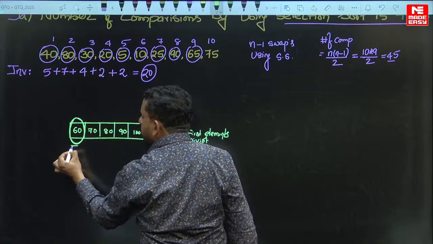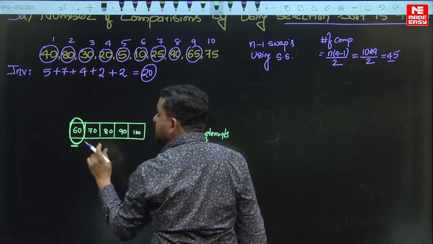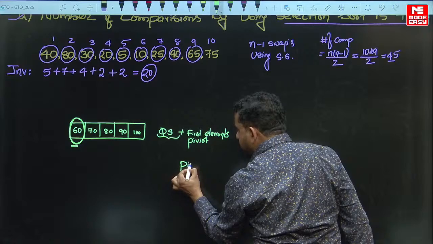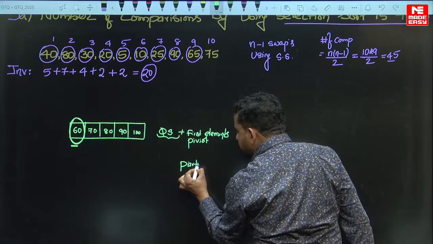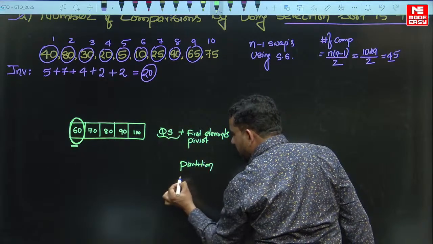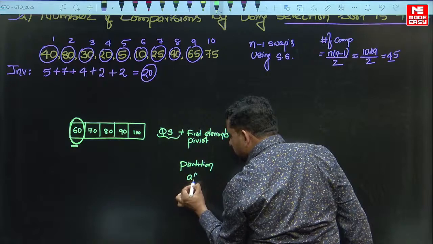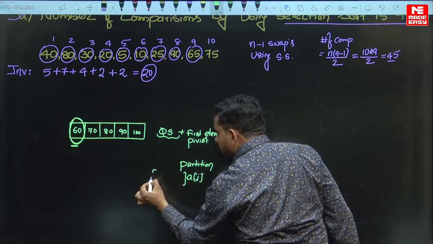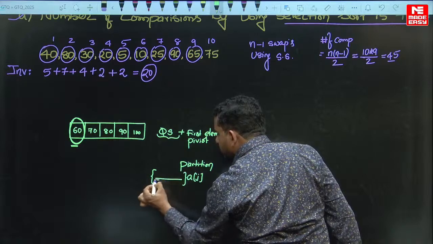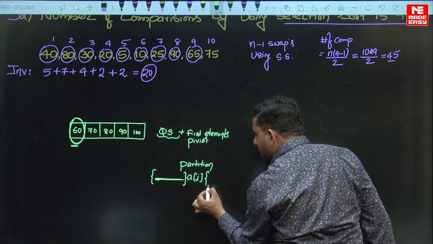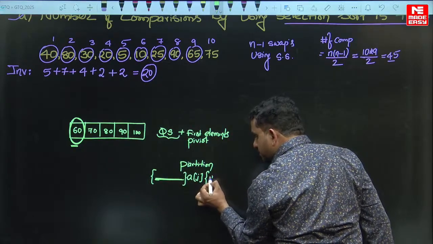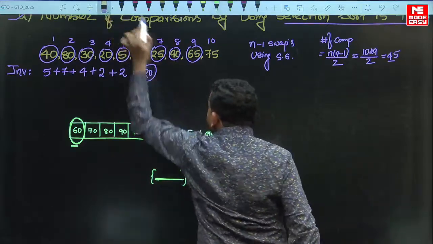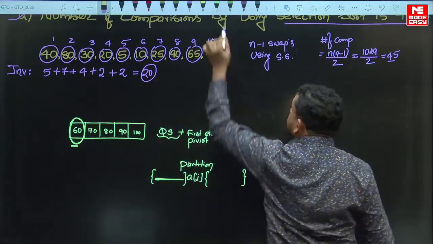In the partition algorithm, A of j is placed in the correct position, and A of low to mid minus 1 should be less than or equal to A of j, and A of j plus 1 to A of n is greater than or equal to A of j. In such a way one pivot element is placed in the correct position.